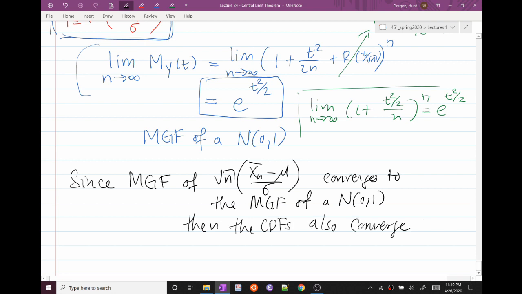We put a star here. We didn't show that, but it's true. It's slightly cheating, since we're using a theorem we haven't quite proven. The MGFs converge, the CDFs converge.